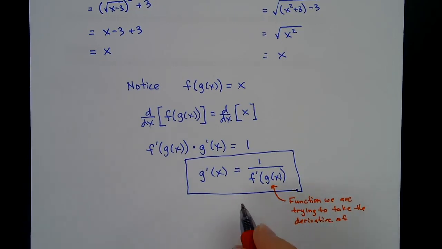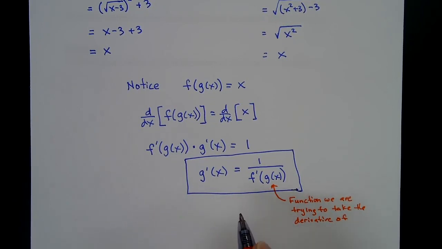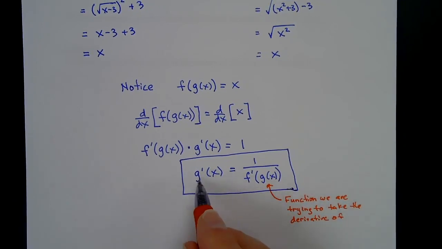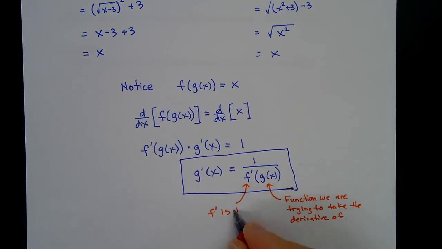All right, and the f prime is the derivative of the inverse of g. So this is the derivative of this inverse. F prime is the derivative of the inverse of g. Okay.